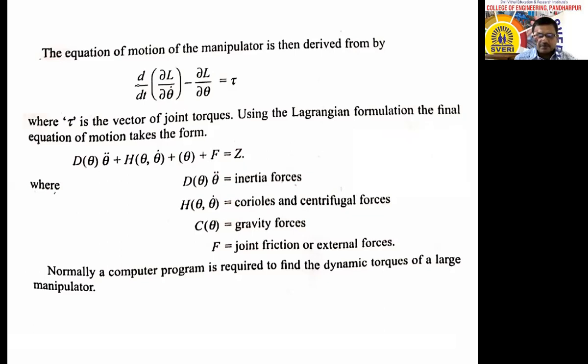Using the Lagrangian formulation, the final equation of motion takes the form D(theta) theta double dot plus h(theta, theta dot) plus c(theta) plus f equals tau, where D(theta) theta double dot is the inertia forces, h is the Coriolis and centrifugal forces, c(theta) is the gravity force, and f is the joint friction or external forces.